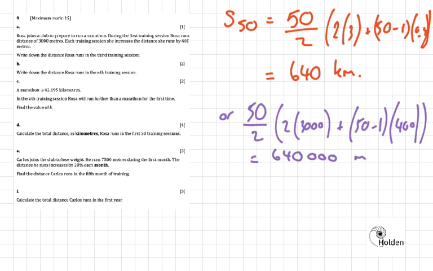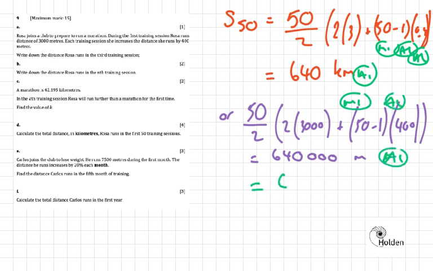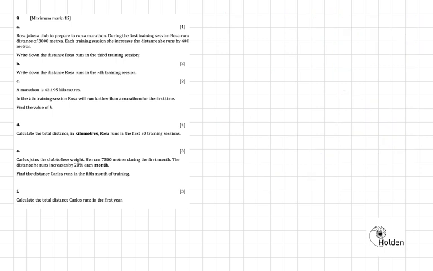So this pathway is going to be an M1, A1, A1, A1. This one is going to be an M1, A1, A1, but then you need your final answer of 640 kilometers for your final A1. Okay, so it's same idea, just a slightly different method.